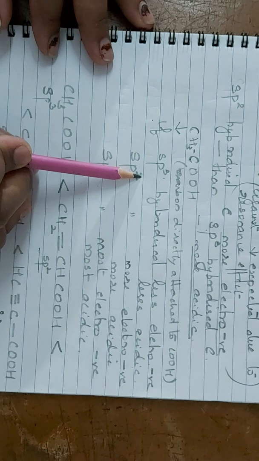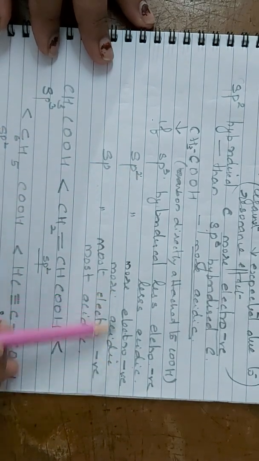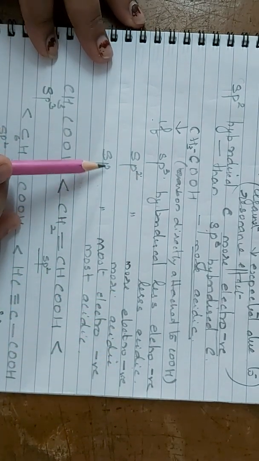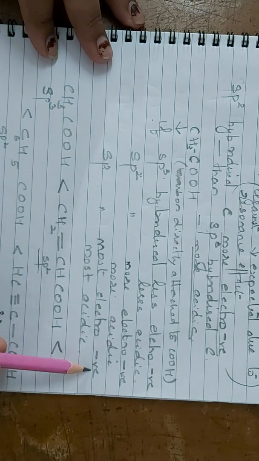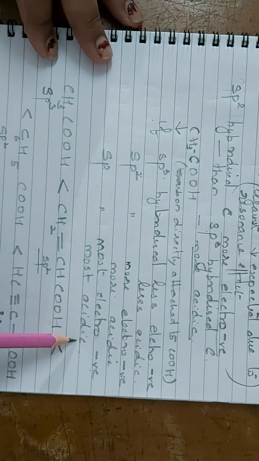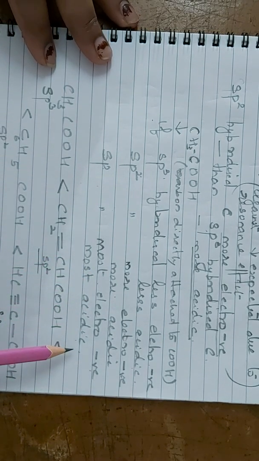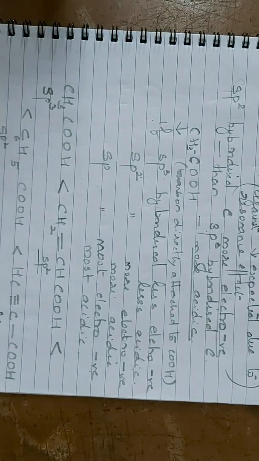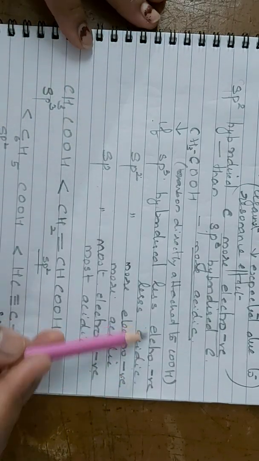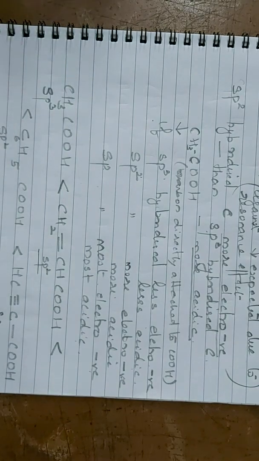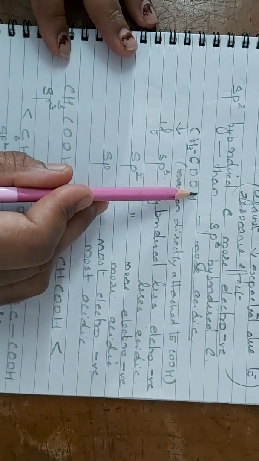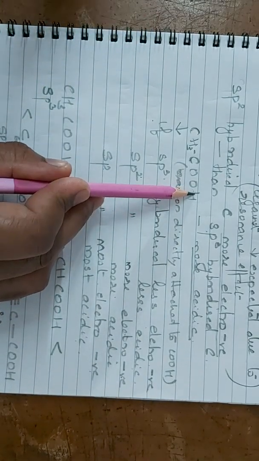If it is sp2, it is more electronegative and more acidic. And sp means it is most electronegative and it will be most acidic. So the electron will be attracted. Electronegative means it will attract the electron, so there is a greater tendency to release hydrogen. That's how you should relate.